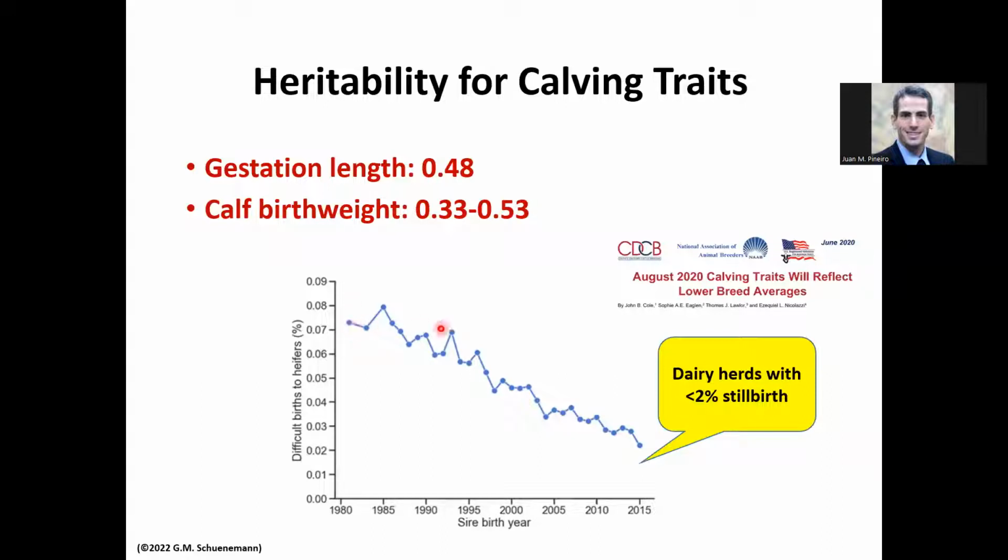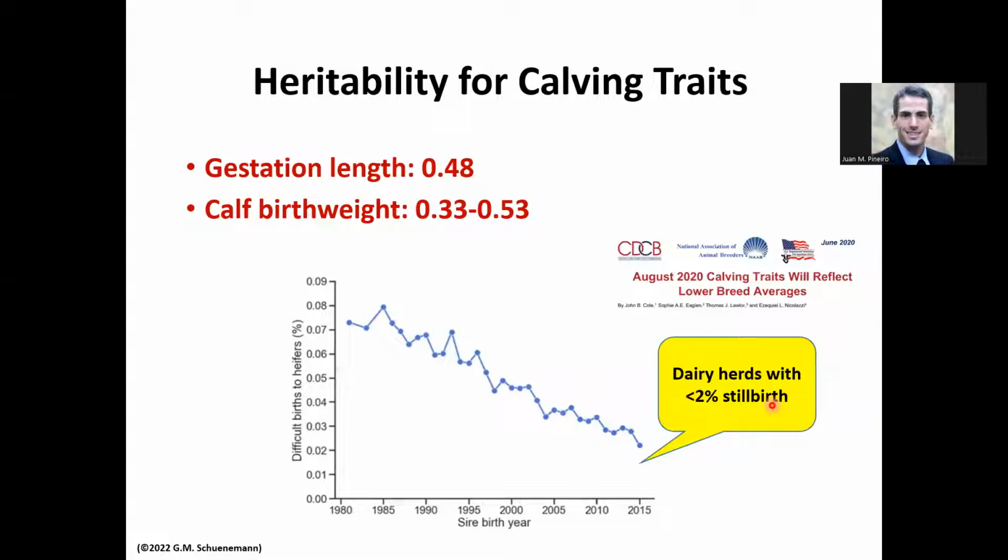And now, in 2015 or 2022, we not only know that the genetic component is there in the cow, but we also see the phenotype, meaning the cows are expressing that at the farm level. We see many farms that now have, on average, as I'll show in a minute, less than 2% stillbirth on the farm.